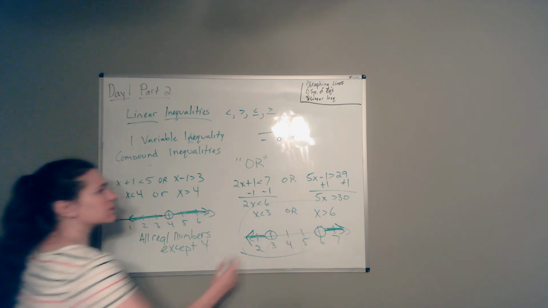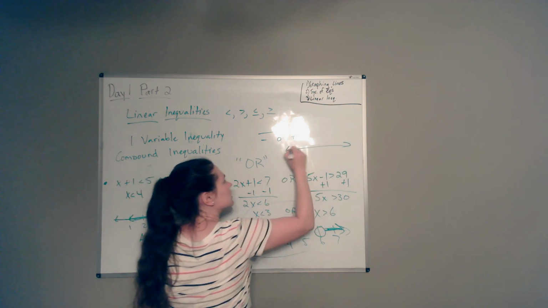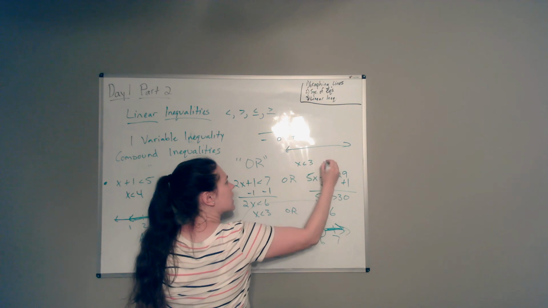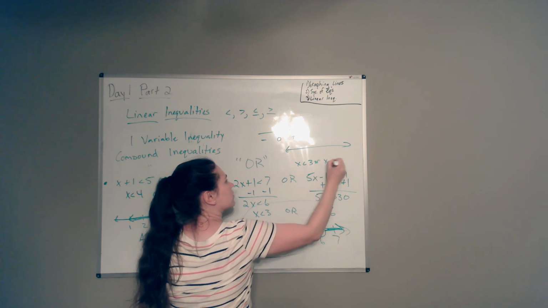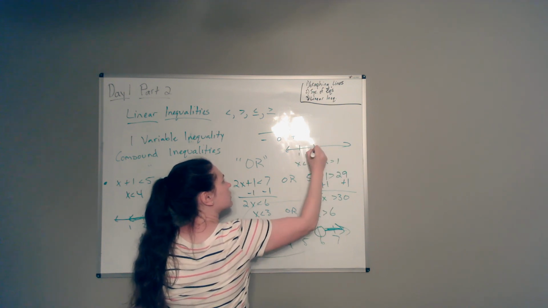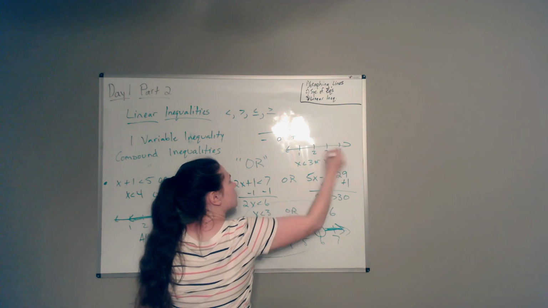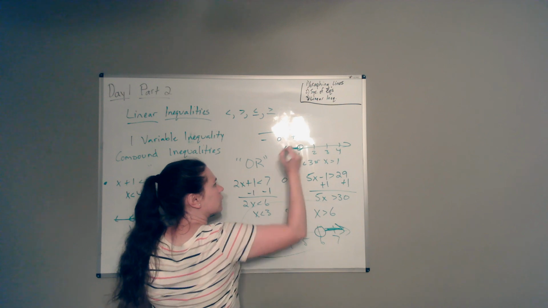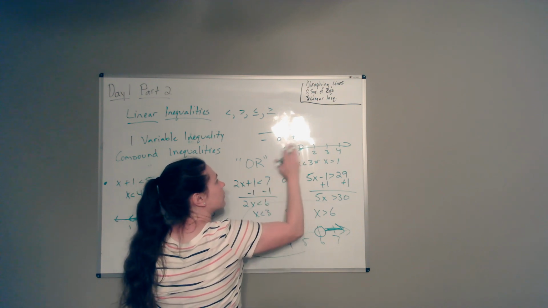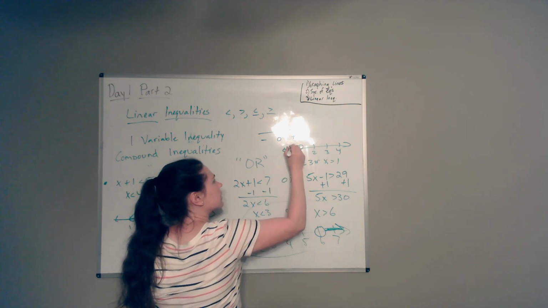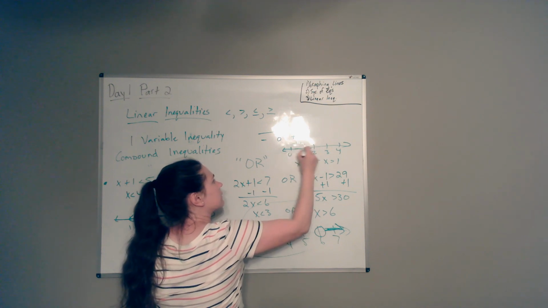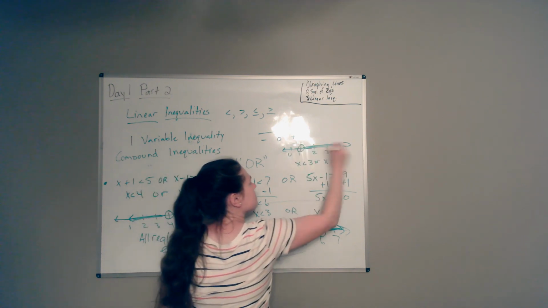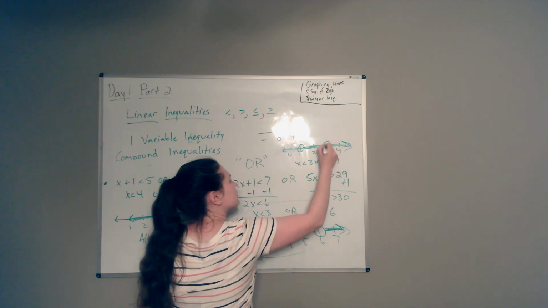If you had something that looked like this, if you sketch, let's say, x is less than 3 or x is greater than 1. 1, 2, 3, 4, 0. x is greater than 1, my apologies, and x is less than 3.